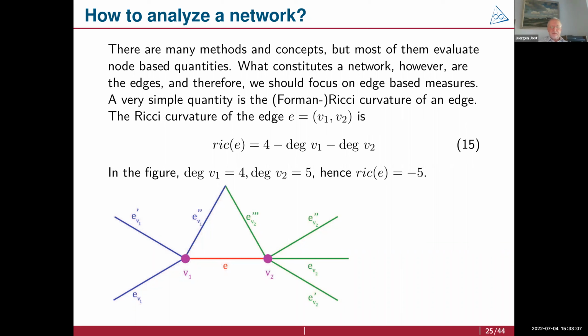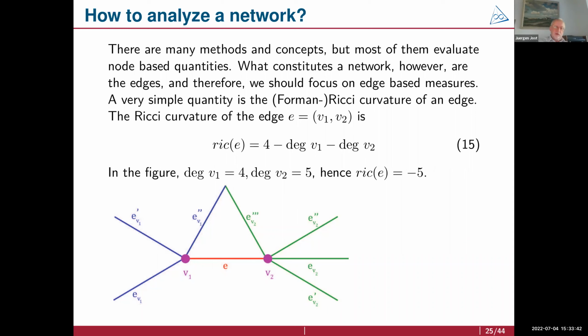And you may have also seen the Ricci curvature occurring prominently in the Einstein field equations. Now, this Ricci curvature for edges has certain properties that are similar to the Ricci curvatures as occurring in Riemannian geometry. I will not go into the details here, but these similarities then explain the conventions here, that you have the 4 and that you have the minus signs.